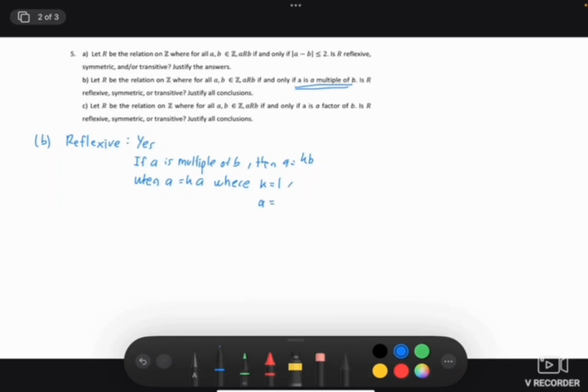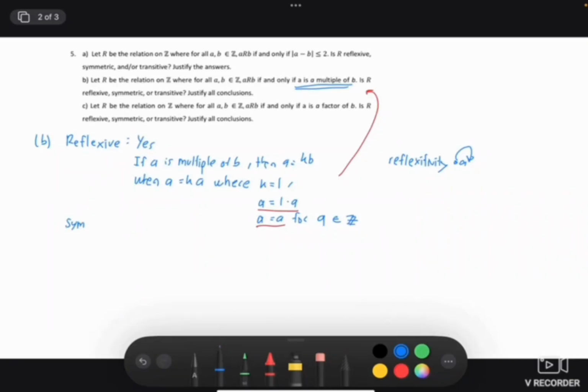We can say that A is equal to 1 times A, and we obtain A is equal to A for all A which is an element of the integers. Since reflexivity means that A relates to itself, we can clearly see that we do get A again after multiplying with a constant. So this satisfies the condition where A is a multiple of A, since we are obtaining A after multiplying with the constant K.